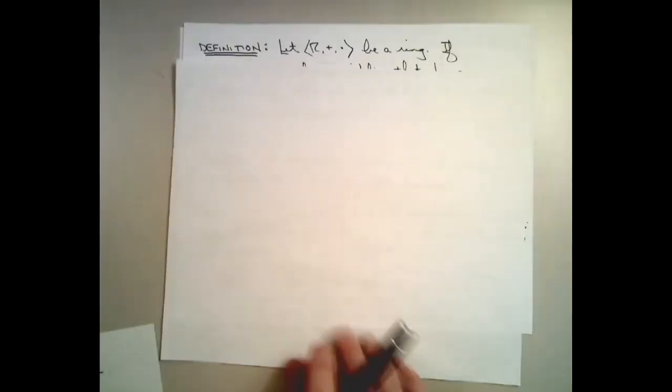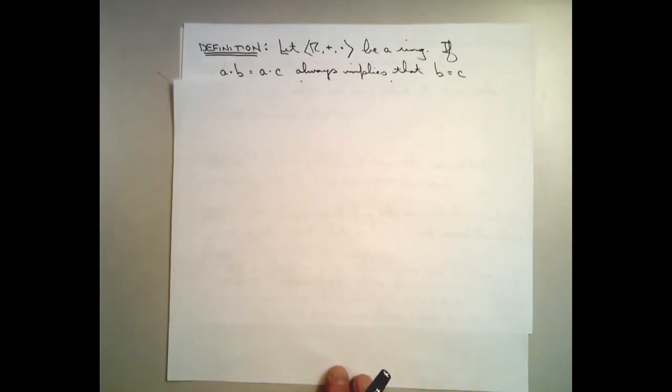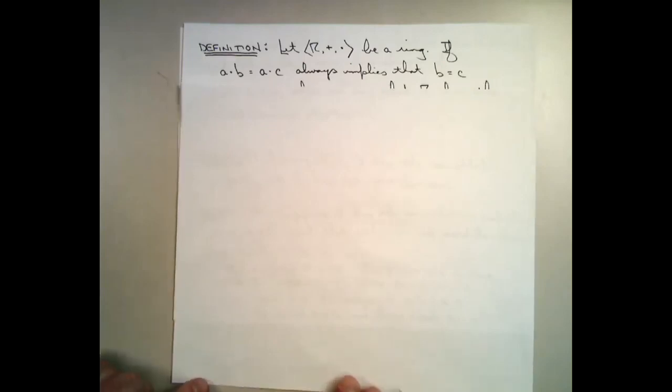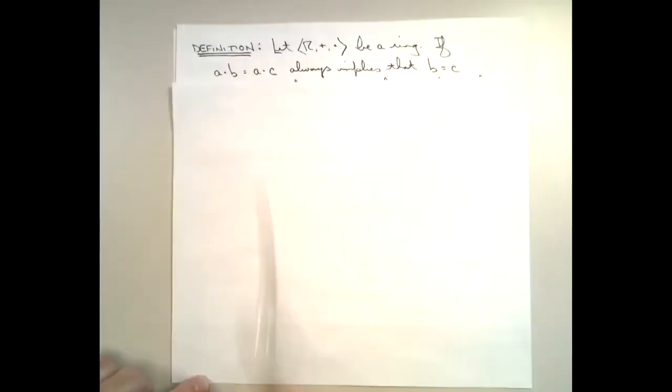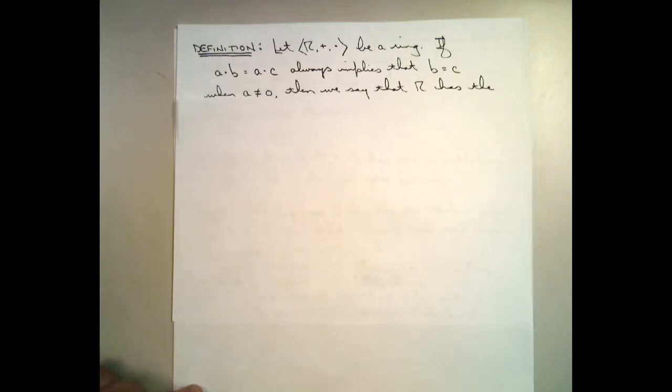Another definition. So let's start with a ring. And let's say that we're in a ring that does satisfy this property that we're familiar with, that does allow us to cancel. So if A times B equals A times C always implies that B is equal to C. And of course, I'm assuming A is non-zero here because otherwise I'm just multiplying by 0.